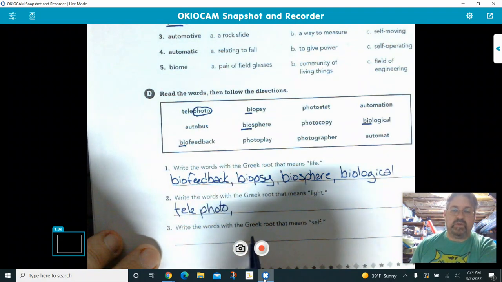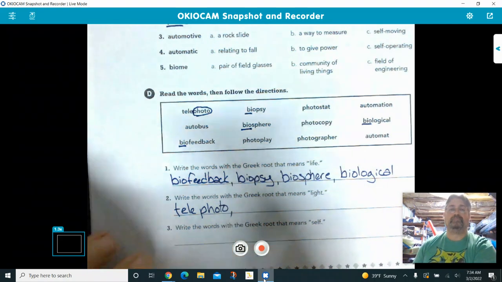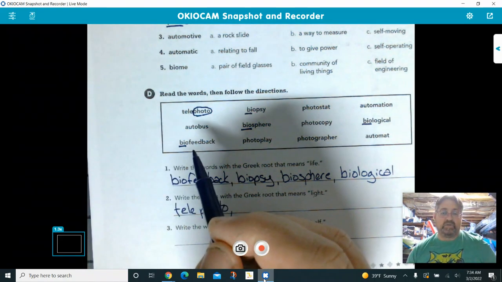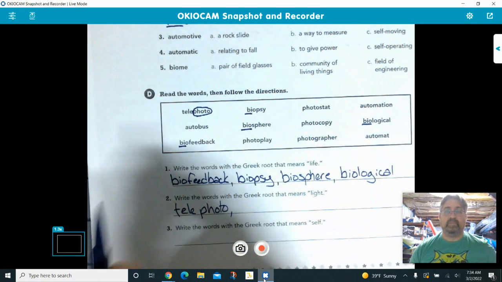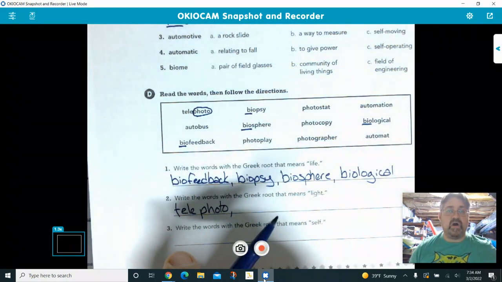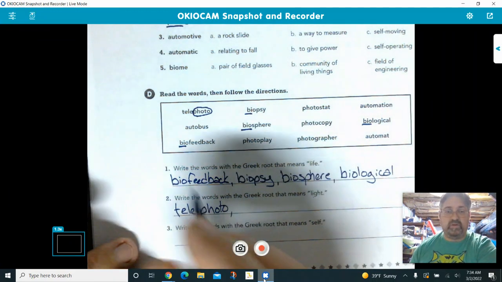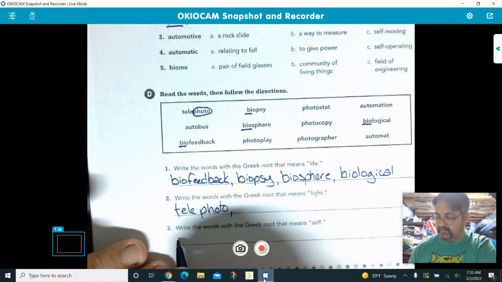Then write the words with the Greek root that means self. Self is going to be auto. If you have all the bios underlined, if you have all the photos circled, the only ones left are going to be your autos, right? Yeah. So write all of your auto words like autobus.